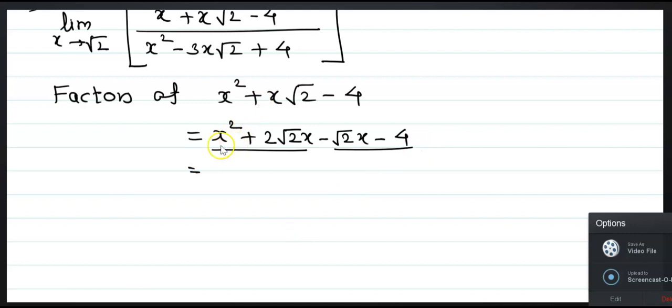Now we'll take the common from these two terms. What is the common? The common is x. Then in bracket x plus 2 root 2. And from these two we'll take minus root 2 as common, and then in bracket you will get x plus 2 root 2.